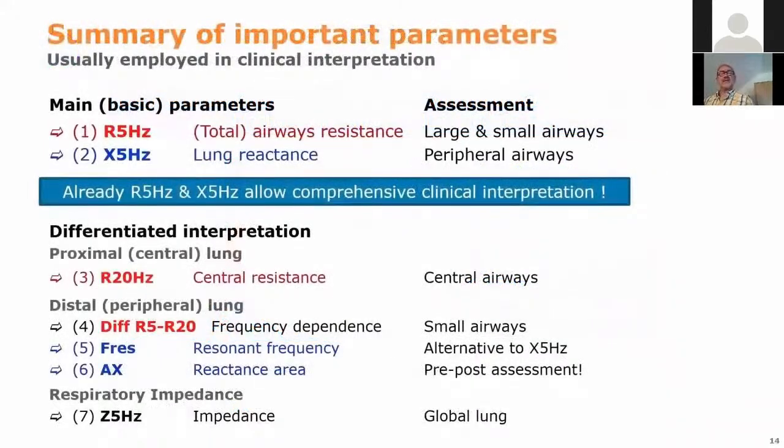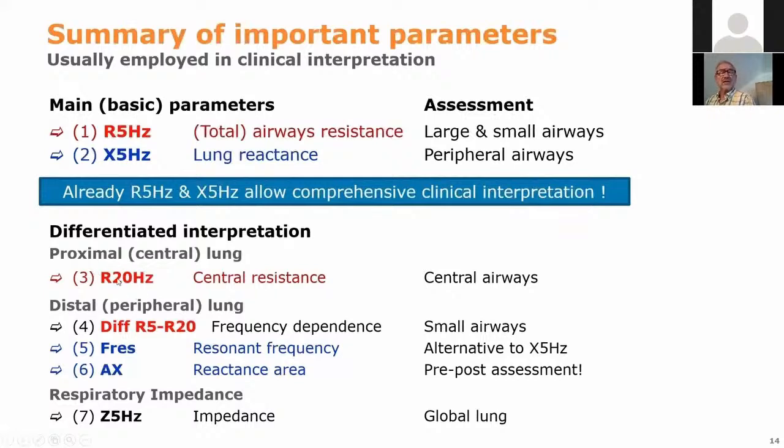So I summarize these important parameters. We have the basic parameters, R5 total airways resistance and X5 lung reactance, and as I already explained, already with these two parameters, you can have a comprehensive clinical interpretation. And if you like to differentiate, and this is the power of oscillometry, you not only get global parameters, but differentiated parameters.